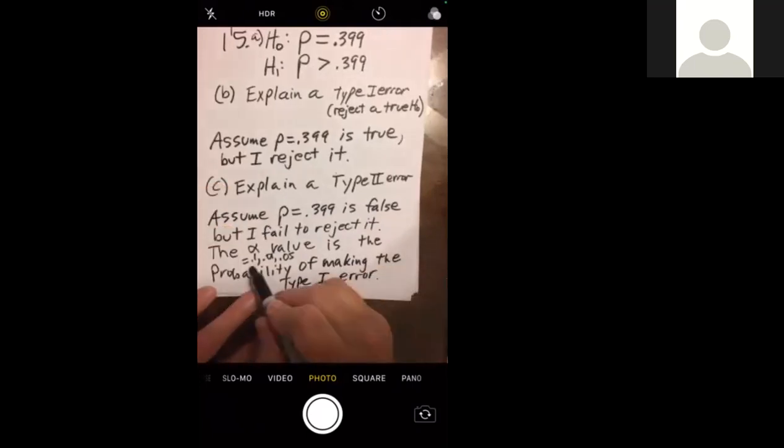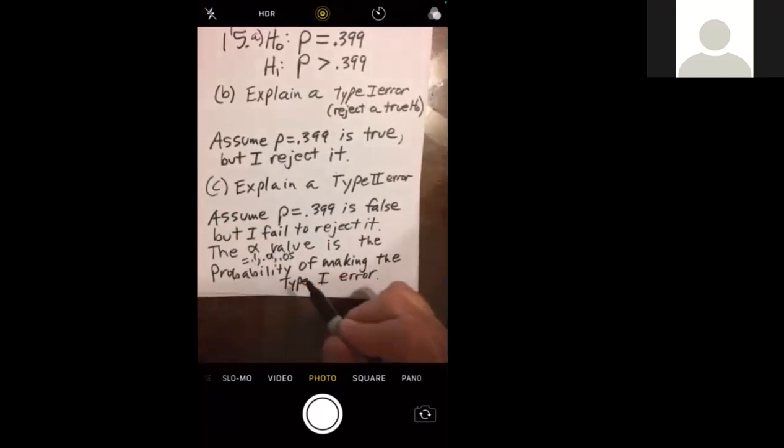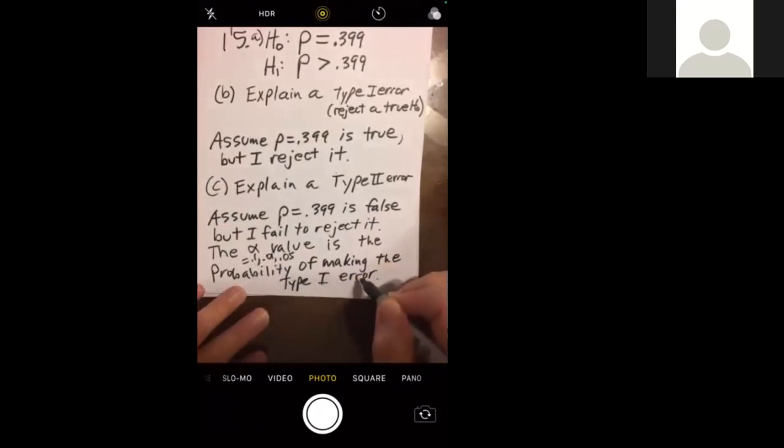So in any problem, if they want it done at 0.1 significance, there's a 10% chance that your test could lead you to make the type 1 error, or a 5% chance or a 1% chance of making the type 1 error. I think when I look through the MyLab problems, they actually asked about this. So I should mention it.